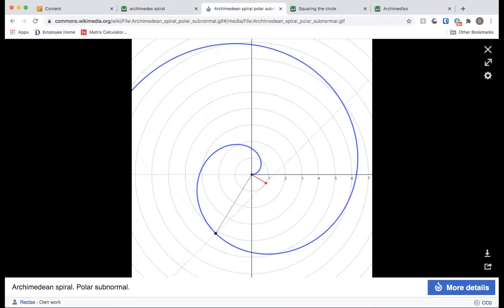So I'm guessing that's the way that Archimedes thought about that. There were some pretty sophisticated mechanical devices back then, even some calculating devices. And there were some curves. These curves are called mechanical curves because they need a mechanism.